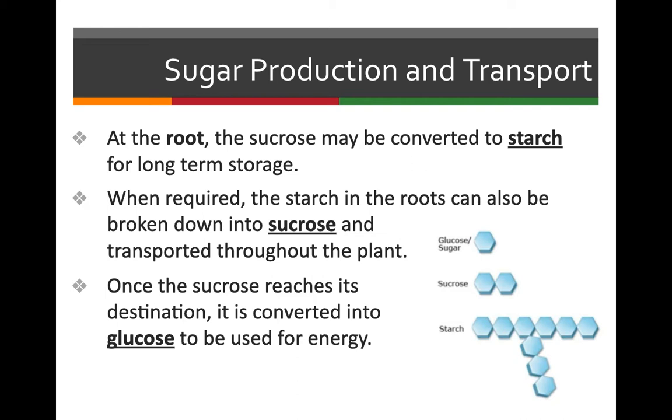So the key thing to remember here is that the glucose is the form that the sugar is first made in, or the form that is required if you want to use the energy. The sucrose is the form that is used for transport, and the starch is the form that is used for storage.